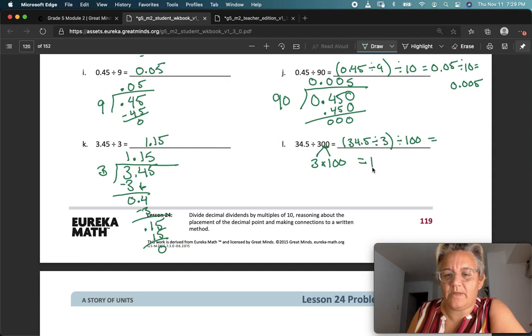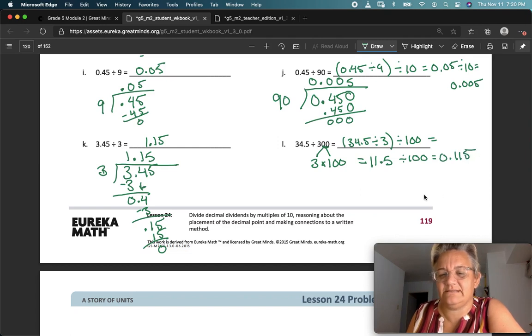So that's 1, 1, 5. So that's 11 and 5 tenths. See where the decimal is? Divided by 100 means the decimal is moving over 2 more times, which is going to be 115 thousandths.